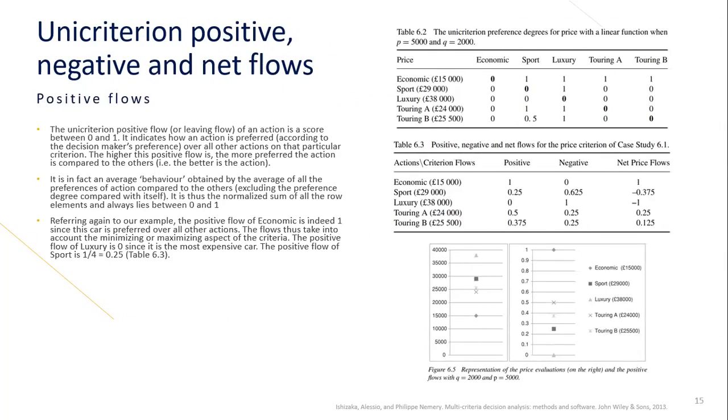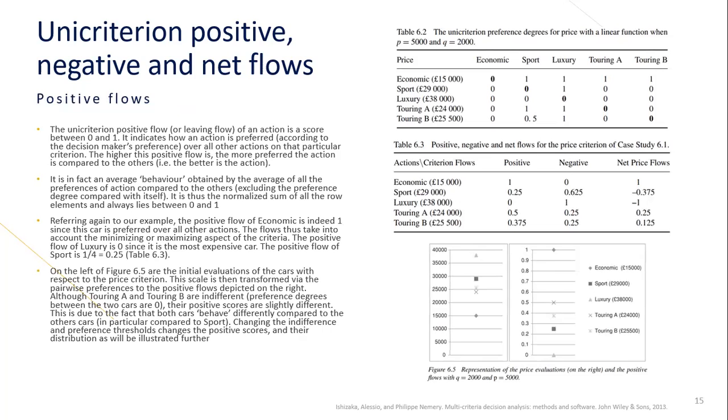Here, let's do the positive flow first. Let's take the example again from the price unicriterion preference degree. Here, you can see that in terms of positive, this is the leaving flow, right? You just sum all of this and take the average, then you will get this one.